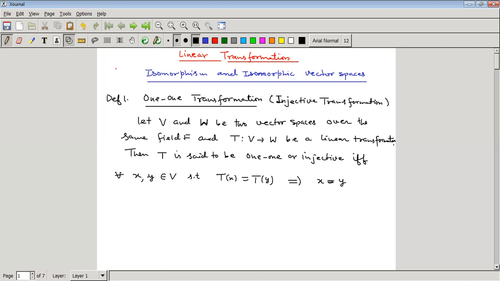So if given any x and y belonging to vector space V, with T of x equal to T of y, this implies x equal to y.